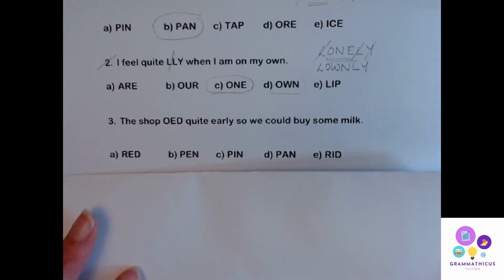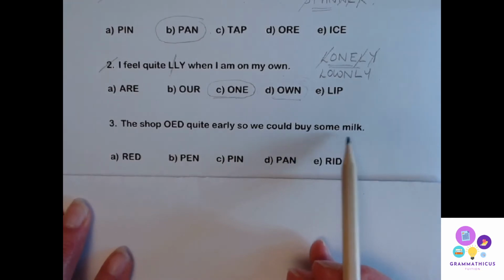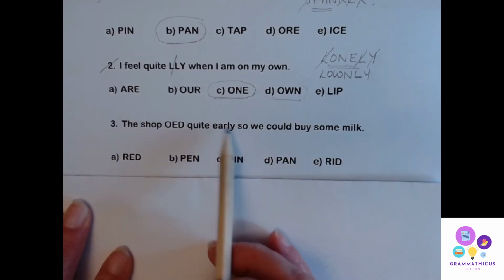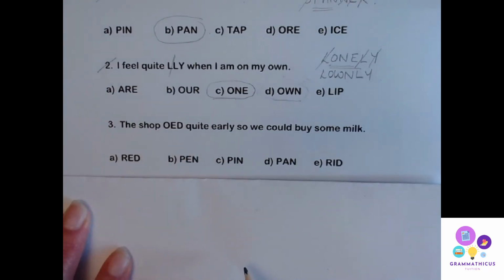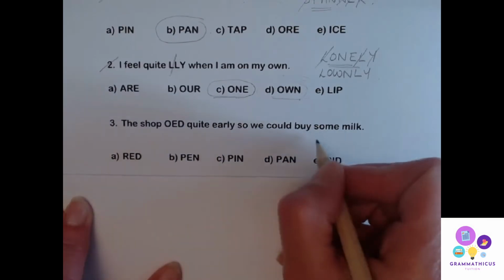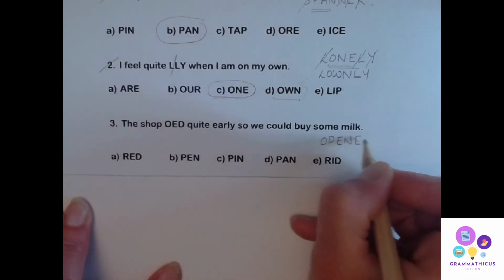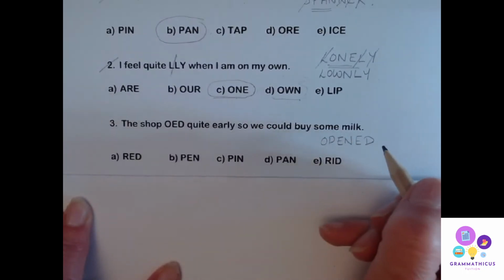The shop OED quite early, so we could buy some milk. Well, what might the shop do quite early? It might open quite early. So the shop opened. So I'm going to write the word opened down. I'm going to cross off the letters that I've been given.